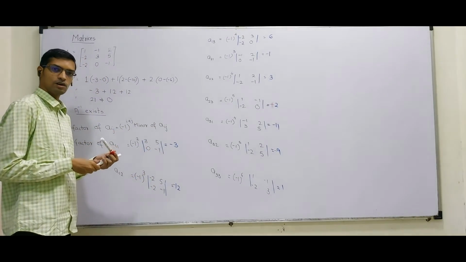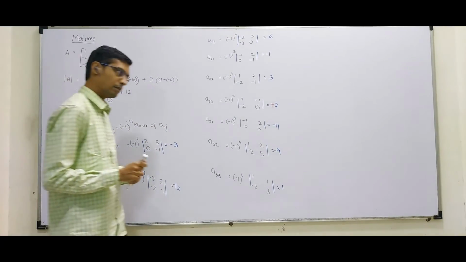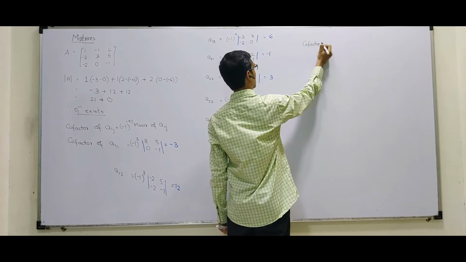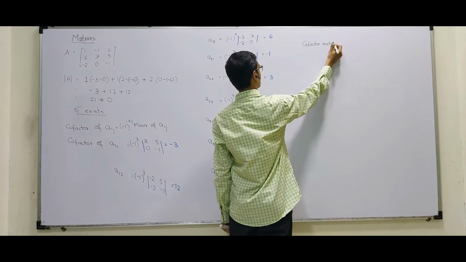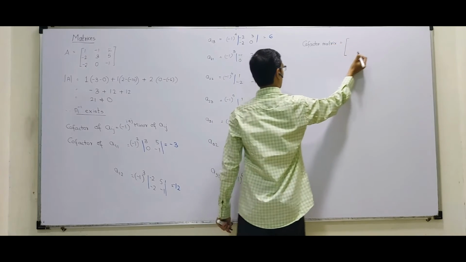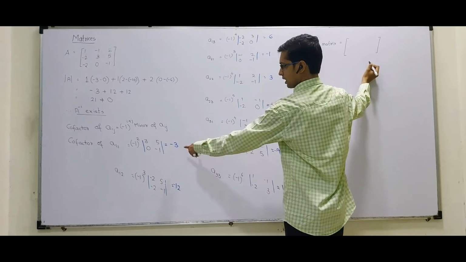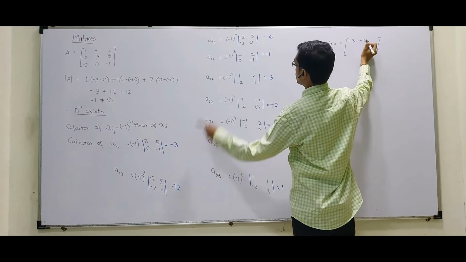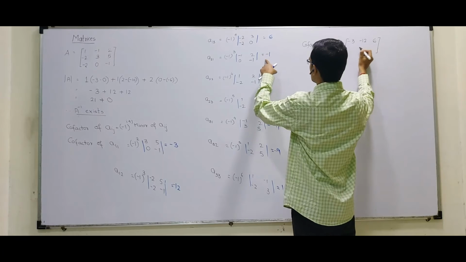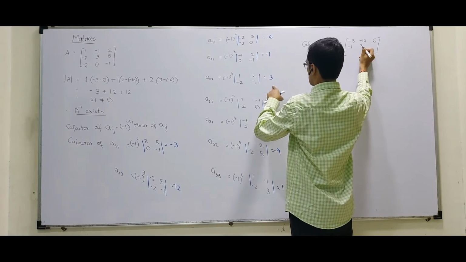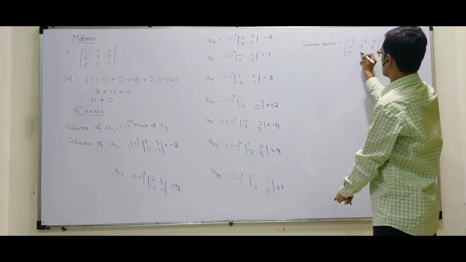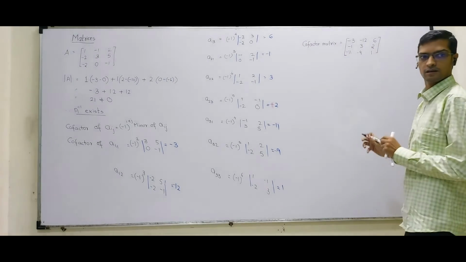डन विथ कोफैक्टर्स. नाउ व्हाट यू राइट? कोफैक्टर मैट्रिक्स. सो मेरा कोफैक्टर मैट्रिक्स, I'll write always row wise here. तो क्या आएगा? -3, -12, 6, -1, 3, 2, -11, -9, 1.